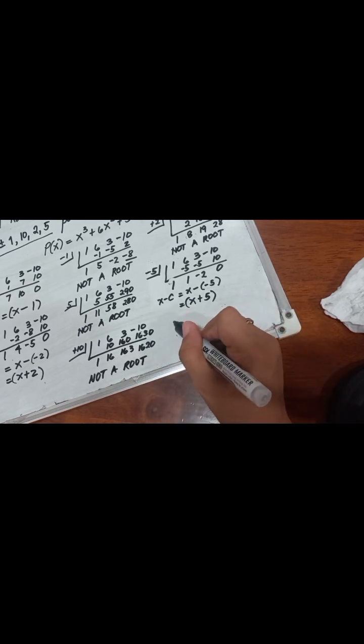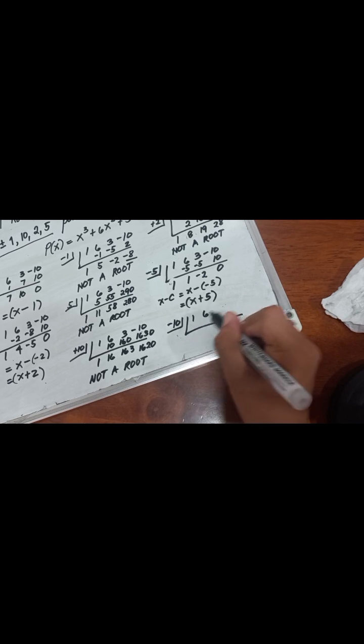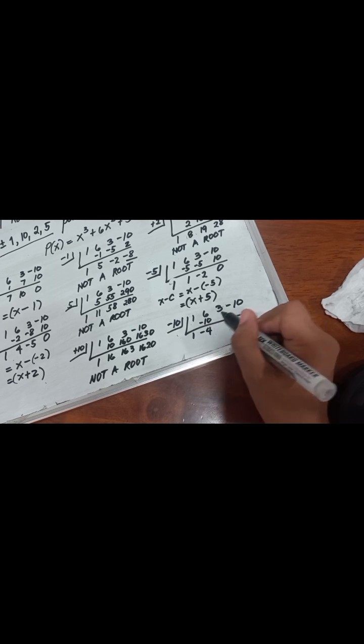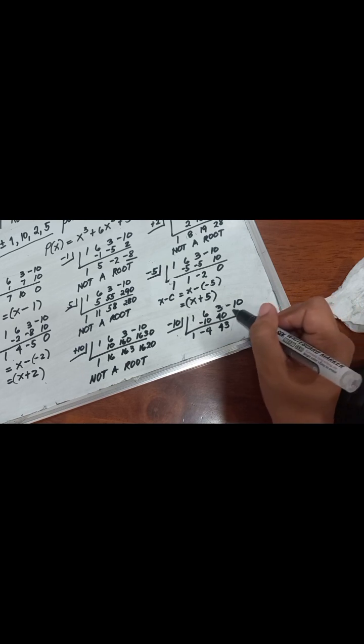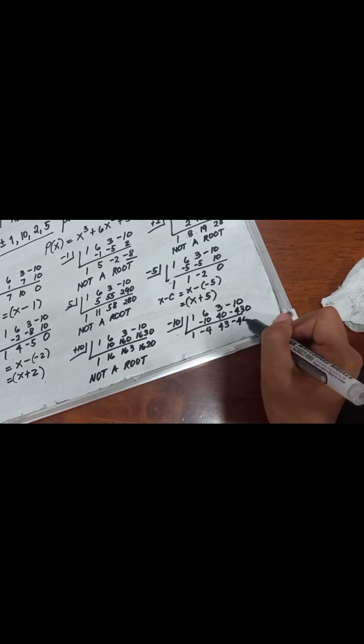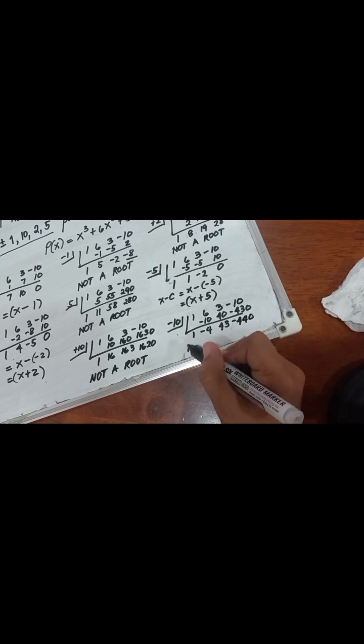Not a root. And lastly, we have negative 10. So 1, 6, 3, negative 10. Bring down 1, times negative 10 is negative 10, 6 plus negative 10 is negative 4. Times negative 10 is positive 40, 3 plus 40 is 43, and then times negative 10 is negative 430, so that's negative 440. So not a root.